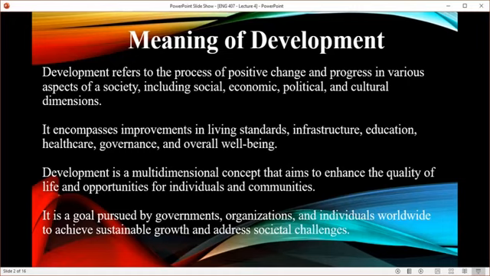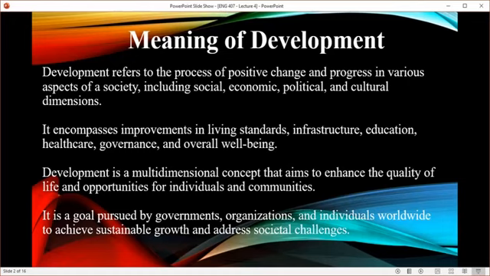So when we talk about development, development has to do with positive change, a change that is positive in nature, moving from what is not so good or something bad to something good, or from a good situation to a better situation, using the parameter of social, economic, political, and cultural dimensions.